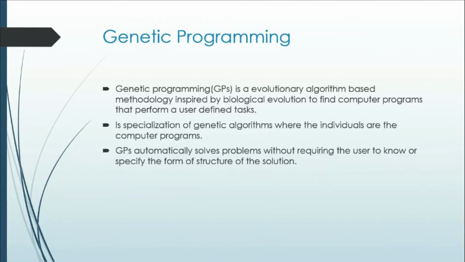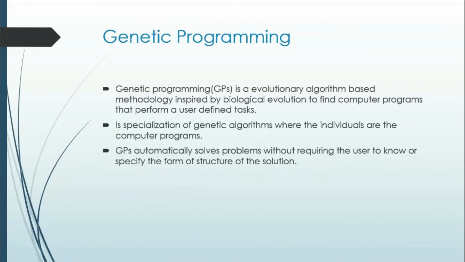So this is based on the evolutionary algorithm concept that we have discussed in our first module. Based on the biological evolution concepts, computer programs are developed in order to perform some user-defined tasks or specific problem-solving operations.